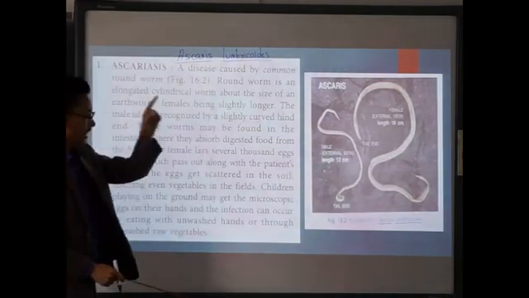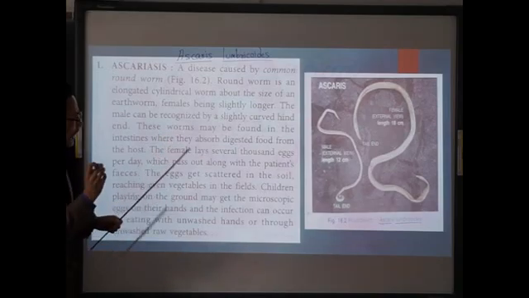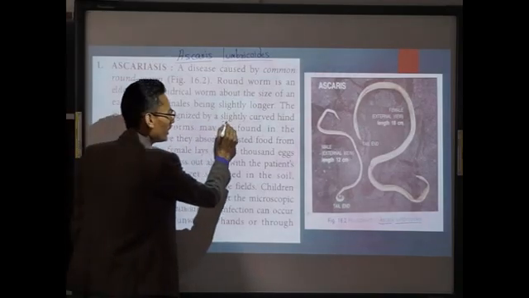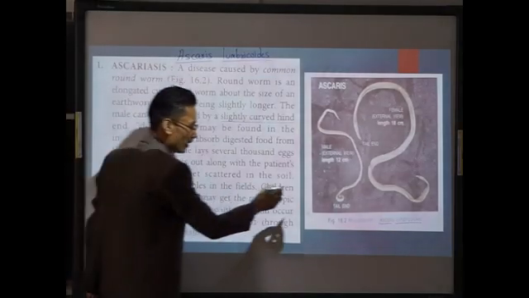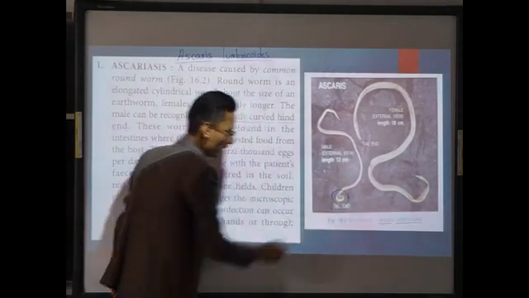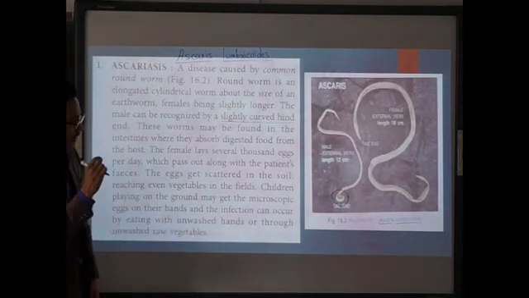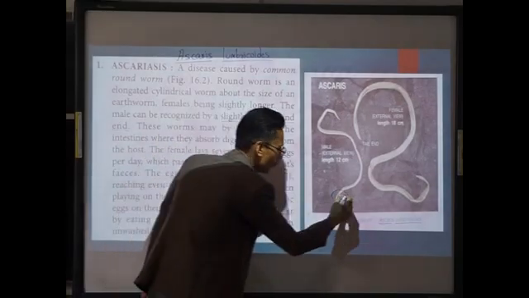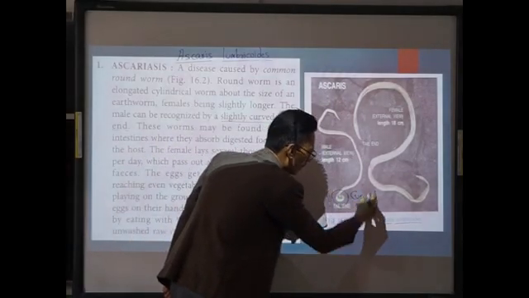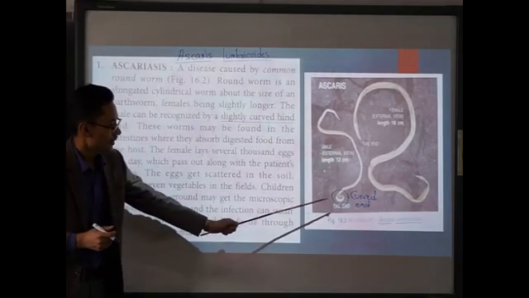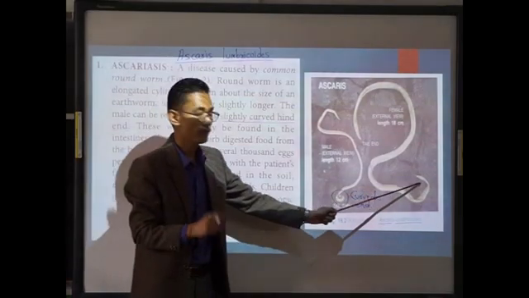Clear? First point. Second point: the male has a slightly curved hind end. That means at the end region of the male, the end is slightly curved. So we mainly find a curved end region in the case of male, whereas curved ends are absent in the case of female.